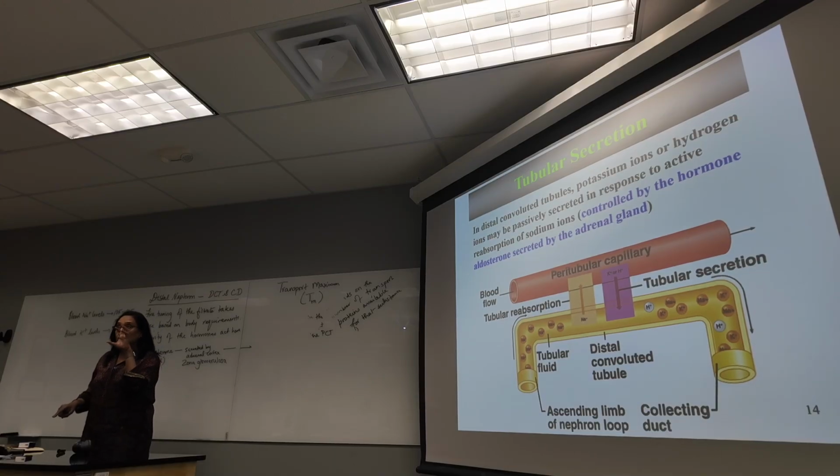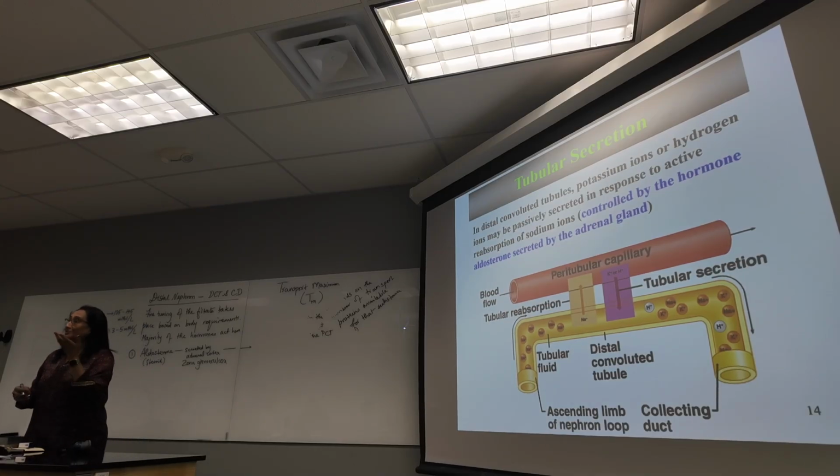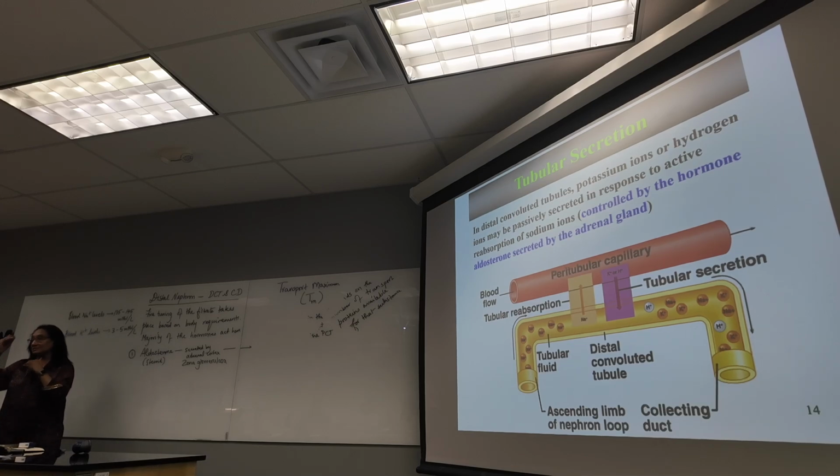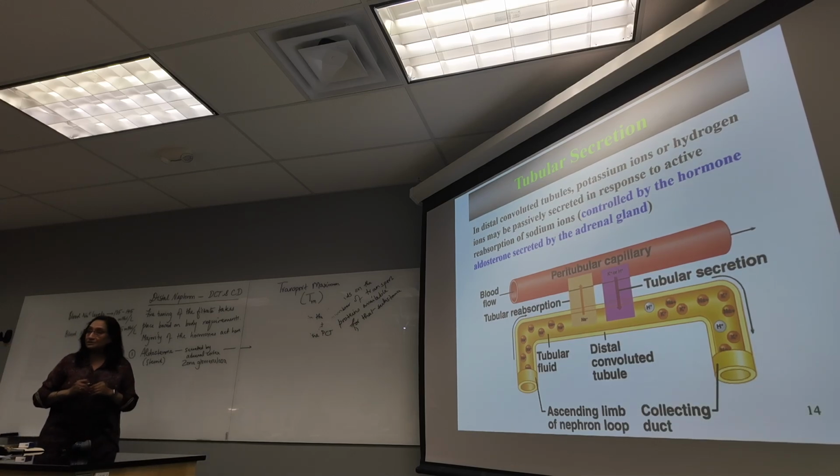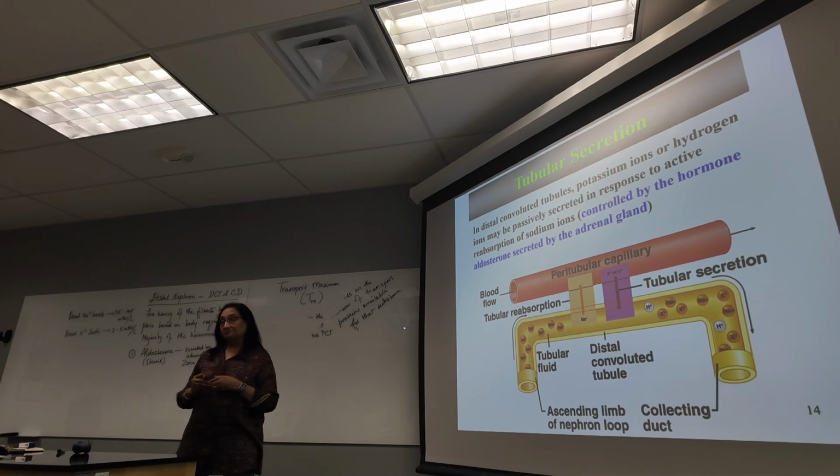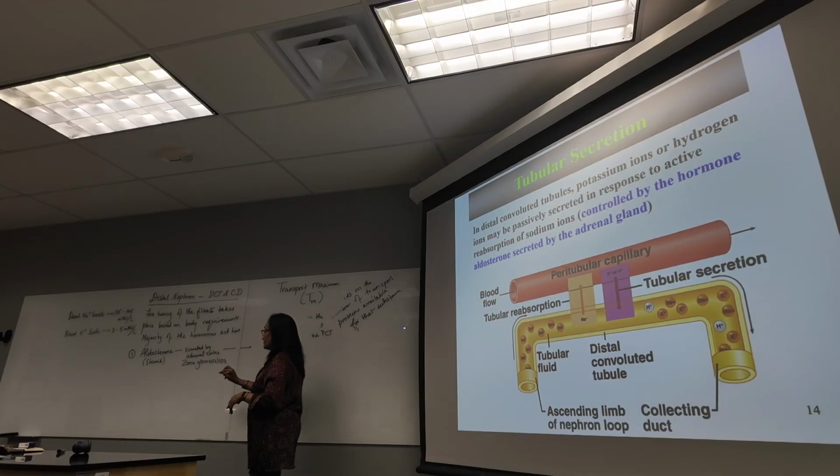So the body controls potassium levels very, very strictly. Even in the hospital, when you are administering potassium, especially IV, you have to be very careful, because it can suddenly disrupt the resting membrane potential, and the heart can stop. So you have to be very careful.